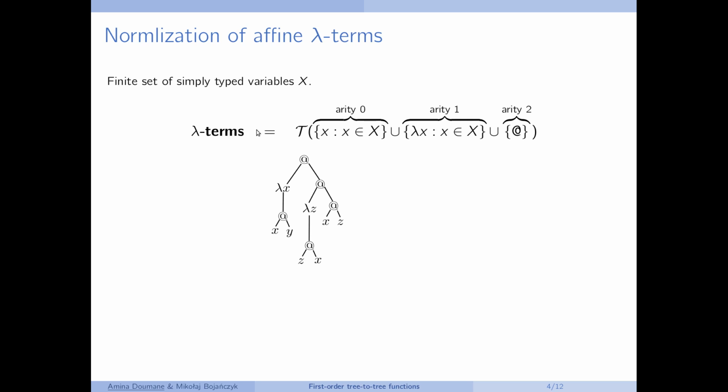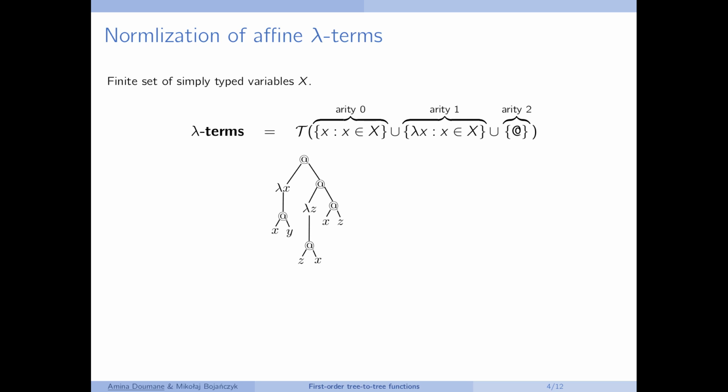So if we fix a set of variables X, then we can consider this ranked alphabet, which contains an element x of arity 0 for each variable, an element of arity 1 for each variable, lambda x, and a binary element, here, the application element. And a lambda term is a tree built over this ranked alphabet.